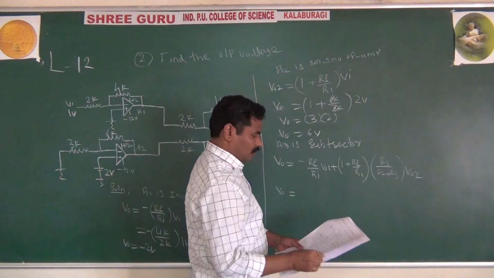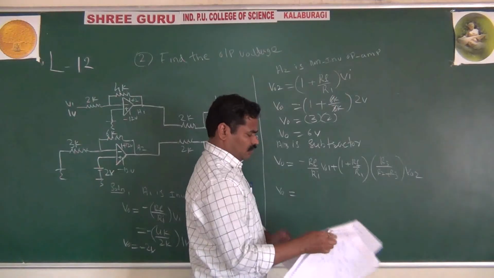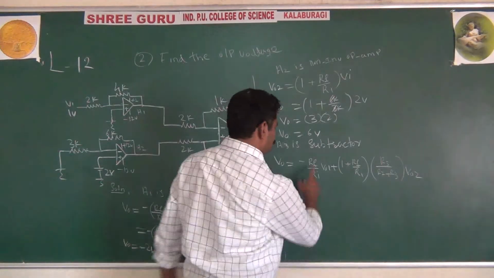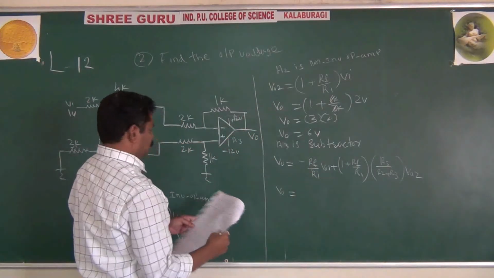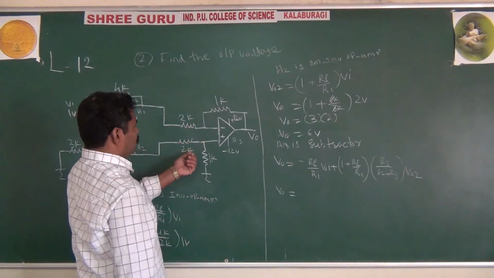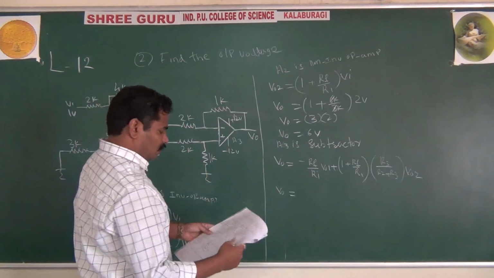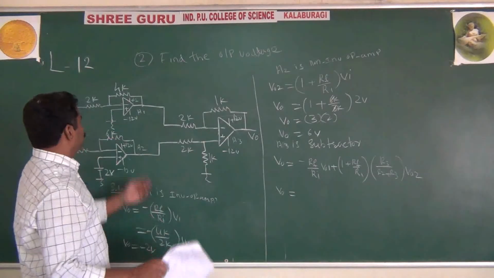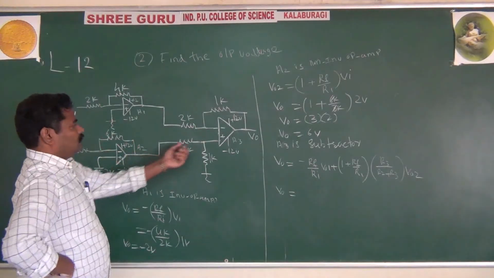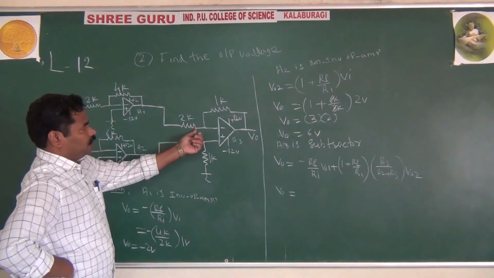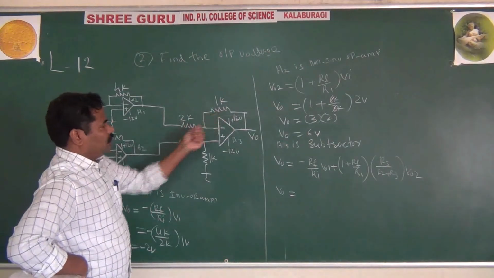Very simple step, because here Rf by R1 is nothing but 1k by 2k.